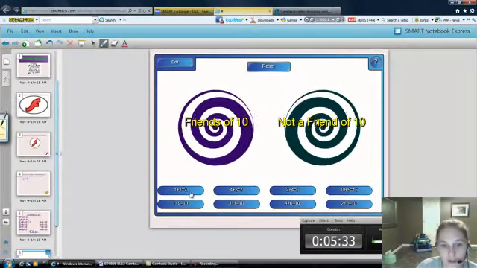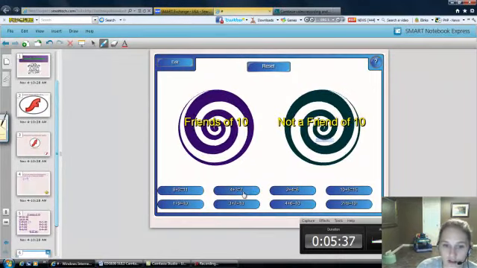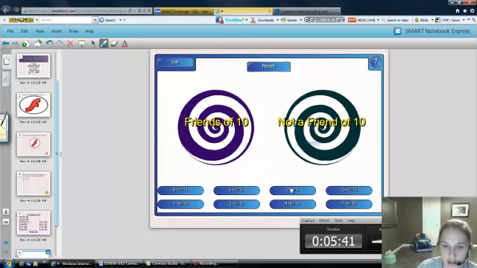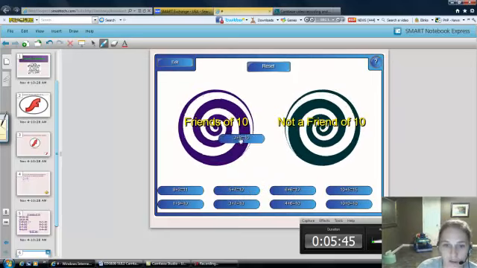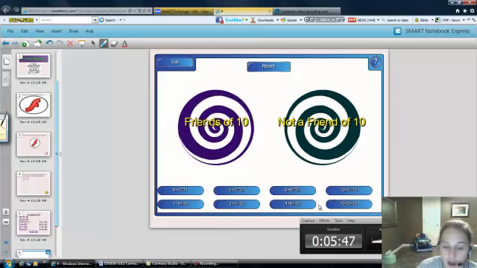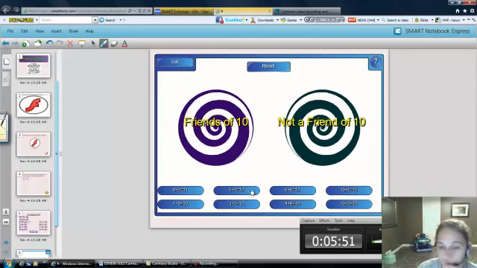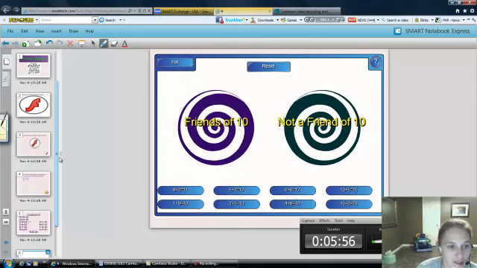And students will come up, oh, this is not a friend of 10, does not equal 10. Oh, that does not equal 10. That does not, oh wait, this equals 10, 2 plus 8 equals 10, and this can continue. I can also make this a race by giving someone 10 seconds to do as many as they can, and we'll see how much they can do, and count it and make a race.